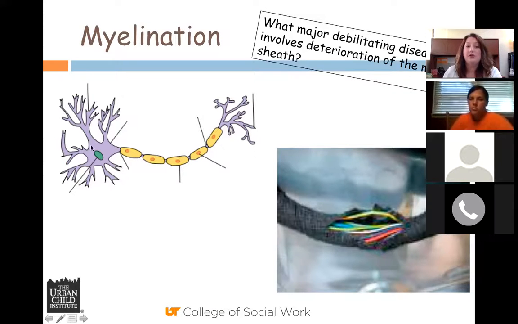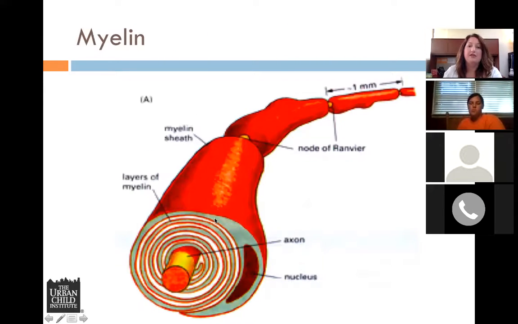Communication flows faster, stronger, and more efficiently when you have these fatty layers of myelin over the axon. Remember that yellow tube piece of the neuron called the axon; that's the axon represented here.